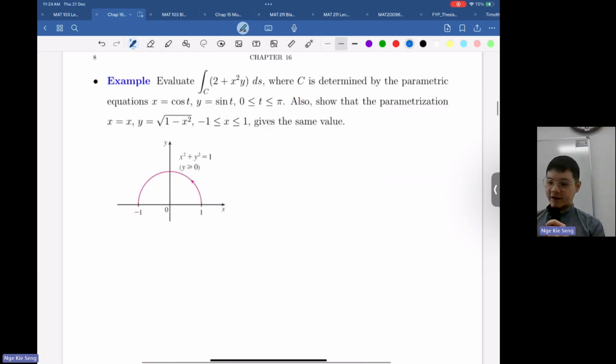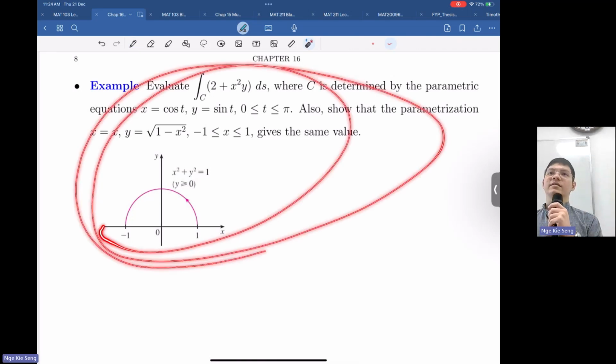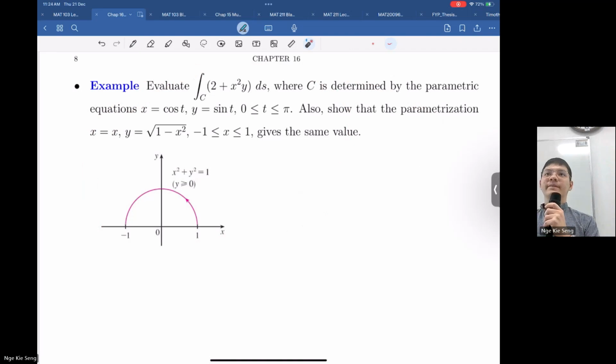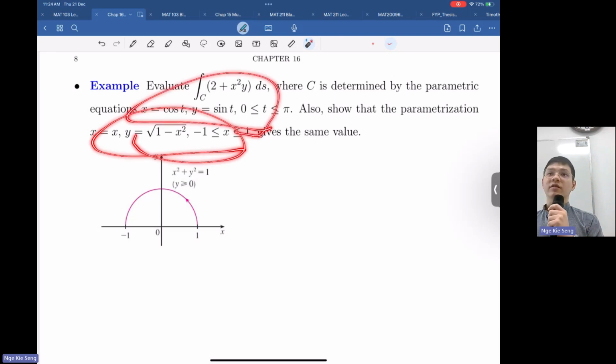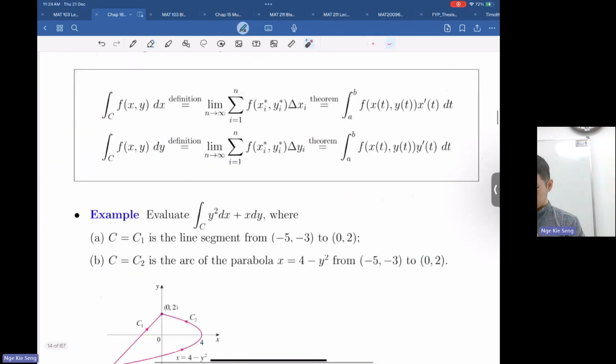Convince yourself that if you pick a different parameterization, you will get the same answer. You just compute the line integral over these two curves. You should get the same answer. Any question before we go to the next part? No? Okay, let's go to the next part.